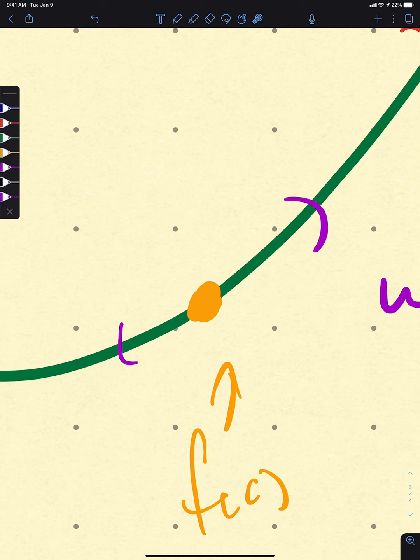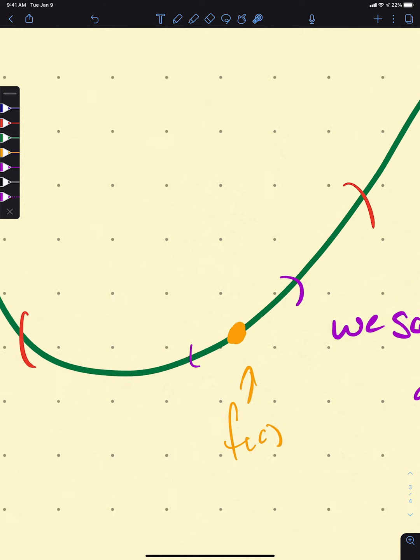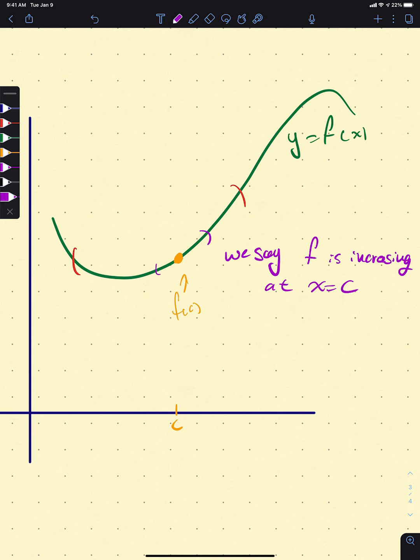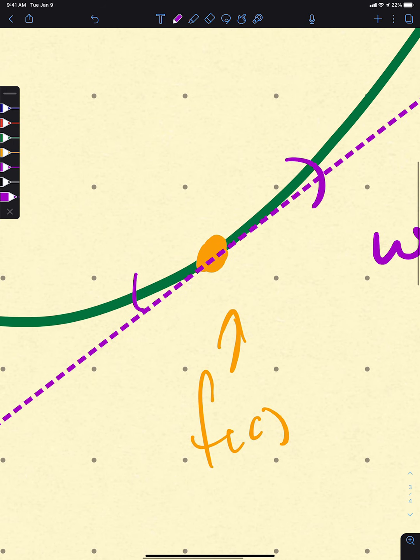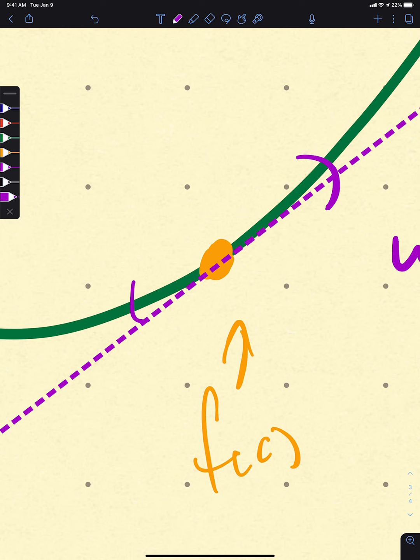And there's a natural connection here between the derivative and whether or not a function is increasing or decreasing. And that's the tangent line. Say I graph this tangent line, it's going to look something like that. Notice that if my function did think that it was a line at that point, the line it would think it was is the tangent line.